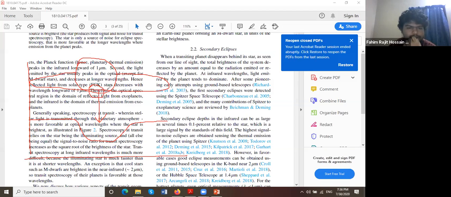But if this planet goes behind the star, this is called the eclipse of the planet, so this is the secondary eclipse. This part of the paper basically mentions why secondary eclipse is important for us.